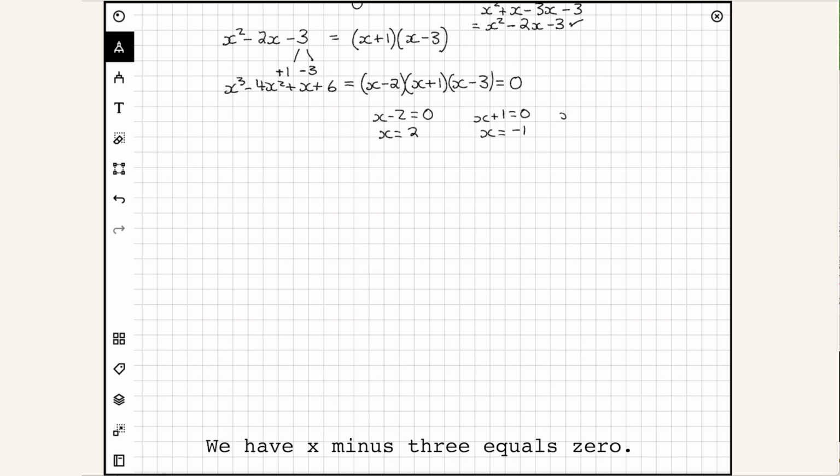Or we have x minus 3 equals 0, so therefore x equals 3. So my three solutions are x equals 2, minus 1, and 3.